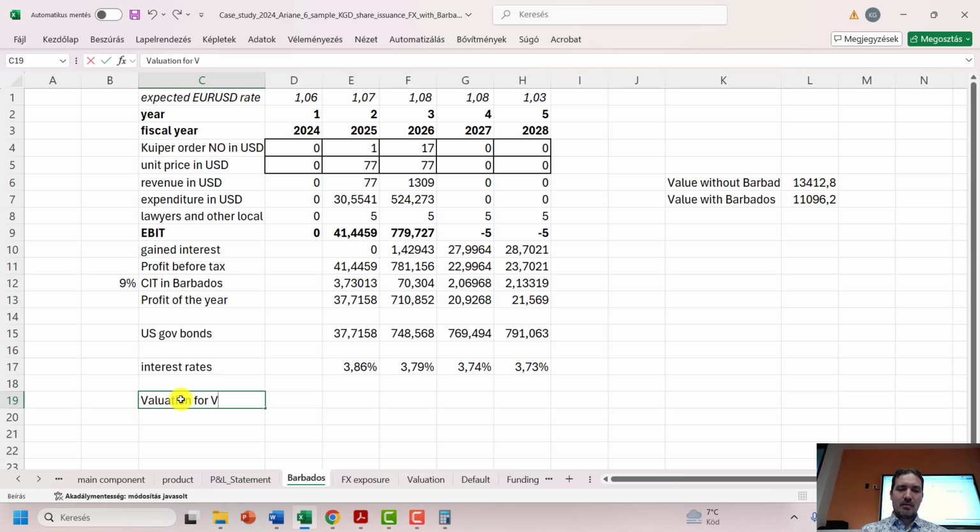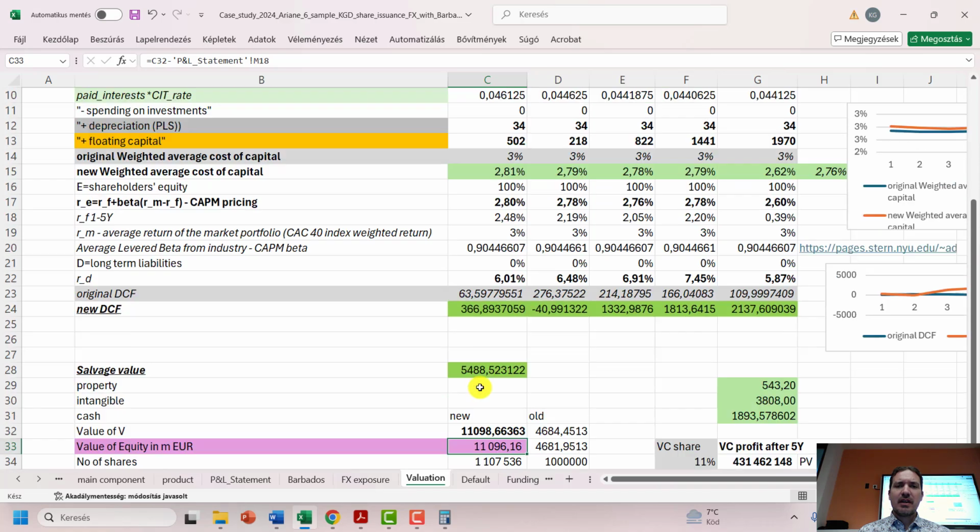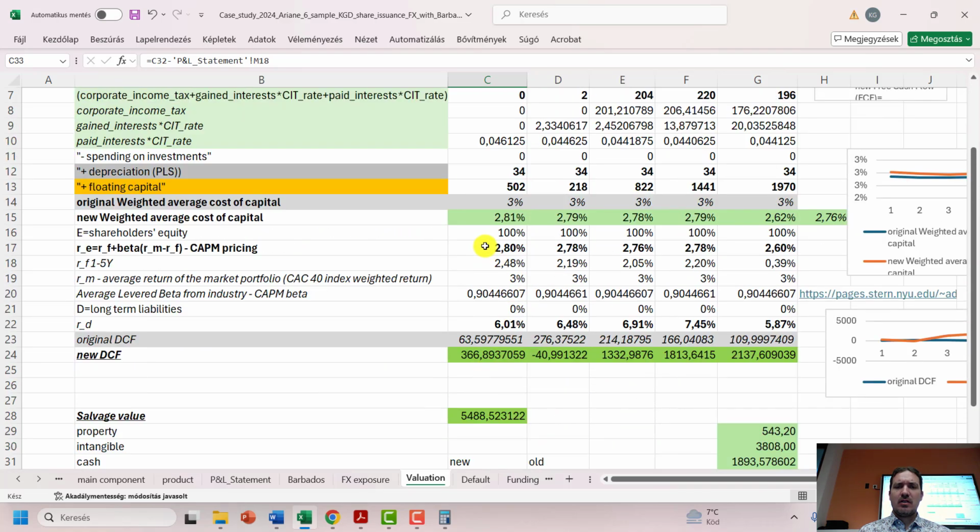Valuation for Barbados. We are quite simple here because we have to define the value of this cash. And in this case, what we have to define is the weighted average cost of capital. And in this case, we can't use the parent company's, because the parent company combines debt with equity.